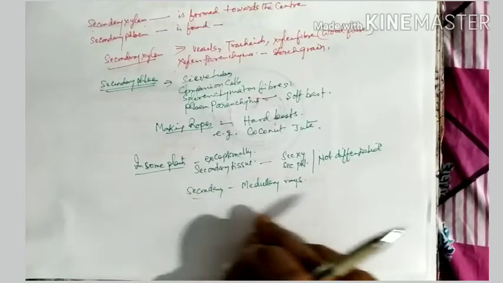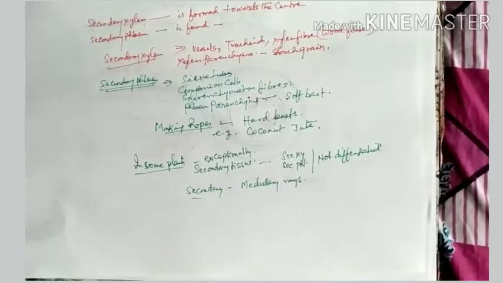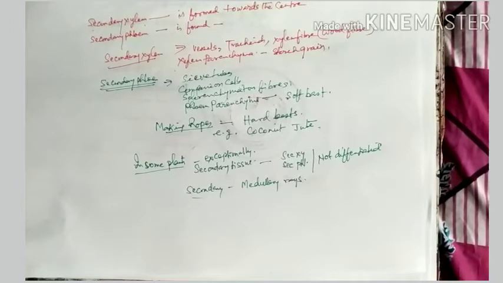So it is an exception. Sometimes the secondary tissue is not differentiated, and this forms the secondary medullary rays, whose function is to transport and store food.